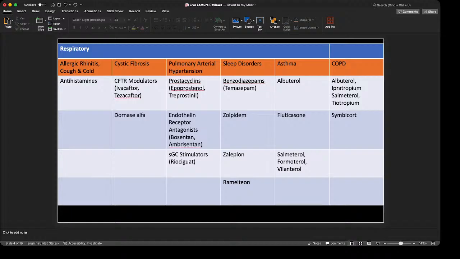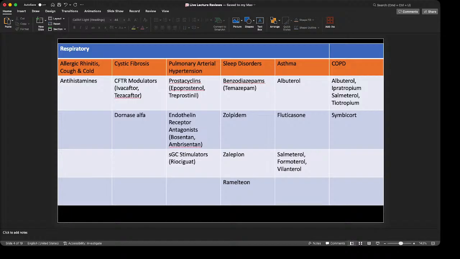Cystic fibrosis, CFTR modulators. I'm sure you've seen how it kind of blocks that part where it will cause more of the bacteria and those kinds of things to prevent some of the airways from going through, and all those kinds of factors there.